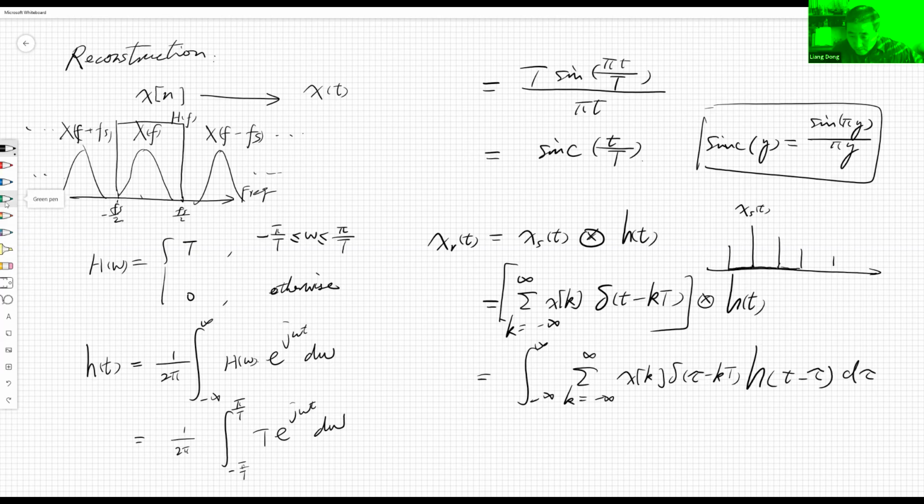The first function's t becomes tau, and the second function becomes t minus tau. Change the order of summation and integration, bringing the integration into the inner part. x[k] has nothing to do with tau, so we can bring that out. Then the integration of delta multiplied by this simply gives h(t minus kT).